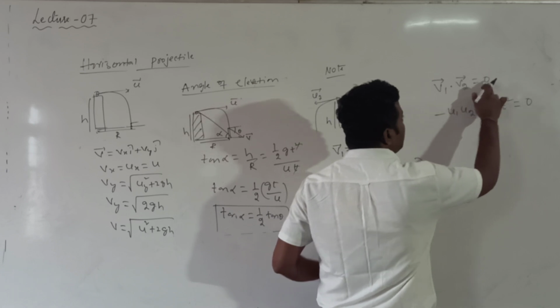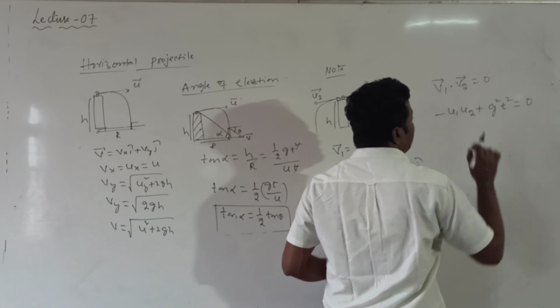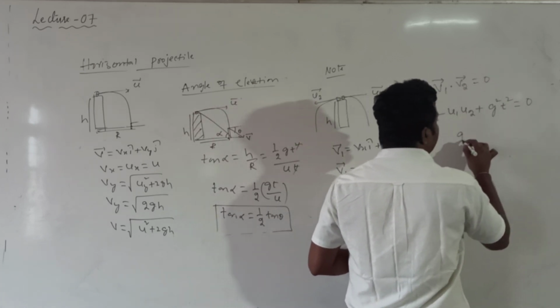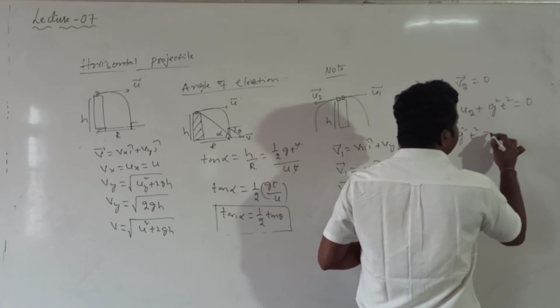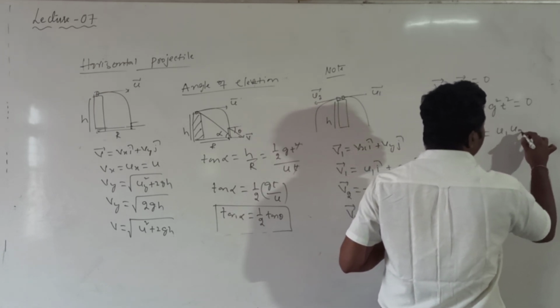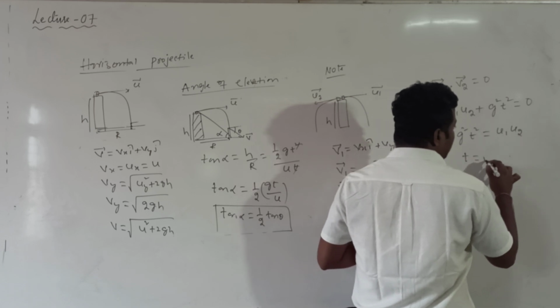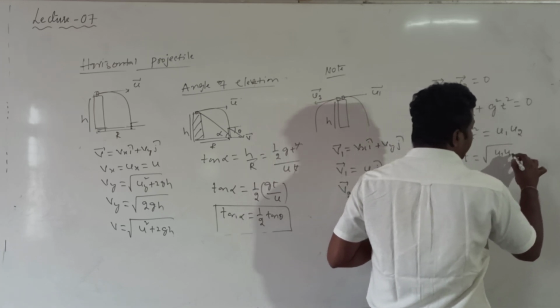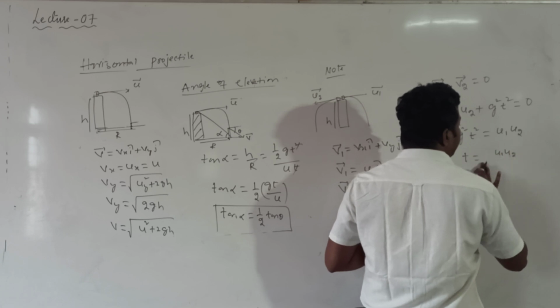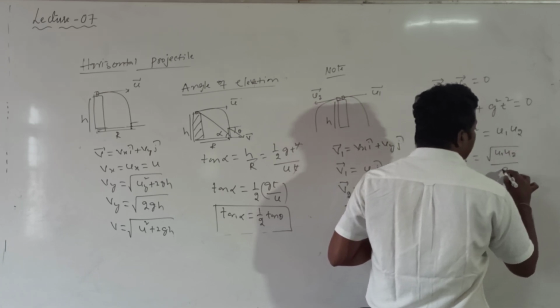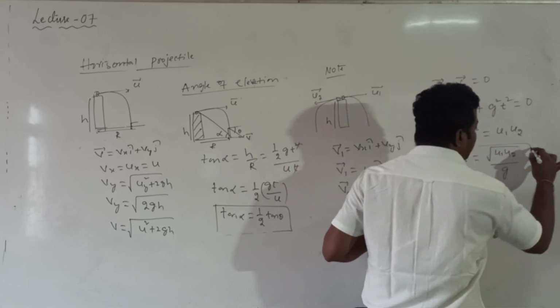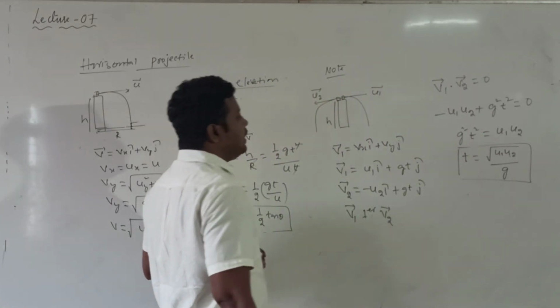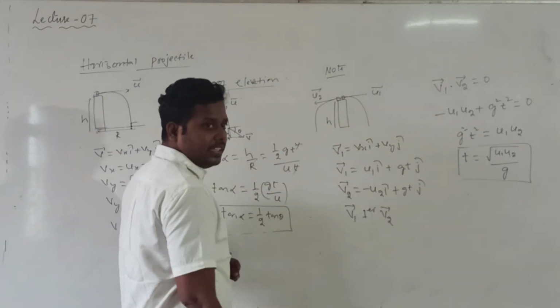Why? The dot product of two perpendicular vectors will be equal to 0. Then g square into t square is equal to u1 into u2. The value of t is equal to root over u1 into u2, only the root will be there for u1 and u2, divided by g. So this is the time after which their final velocities are perpendicular to each other.